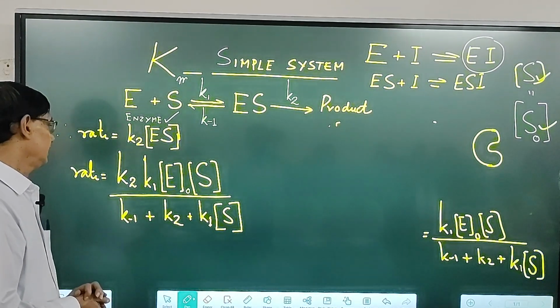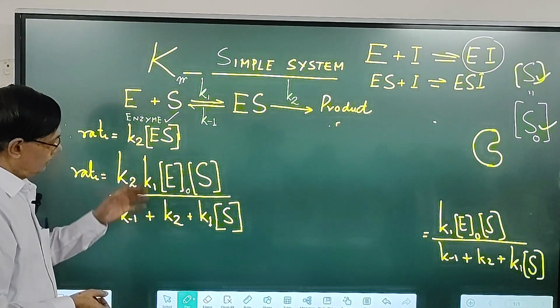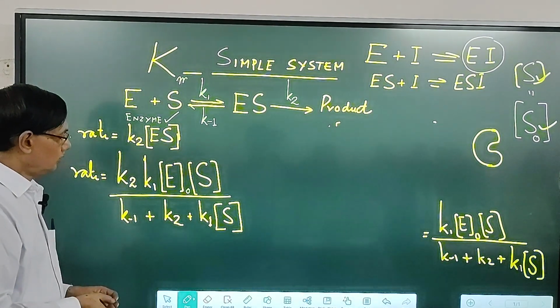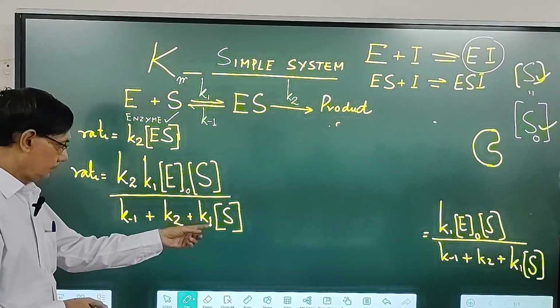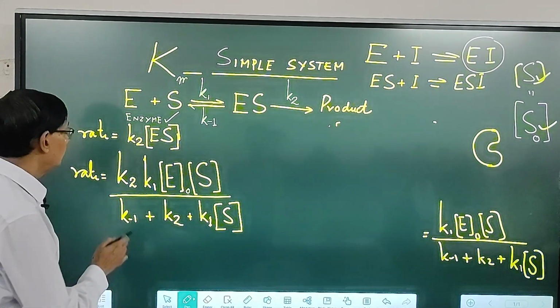They thought that suppose both numerator and denominator are divided by K1.